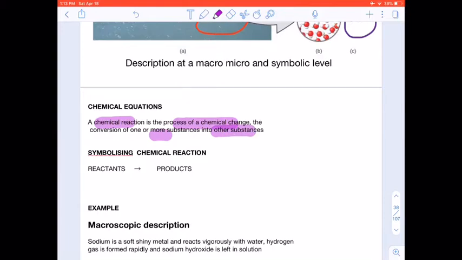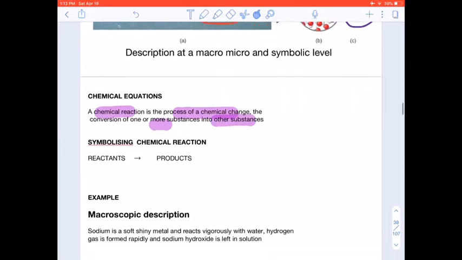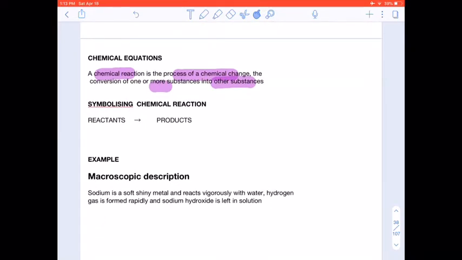Right, so when we look at that and we're symbolizing that particular chemical reaction, we know we're moving from reactants to products. Now let's look at an example.